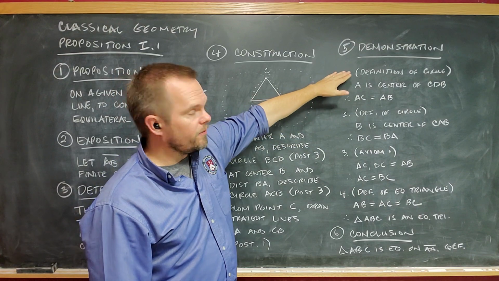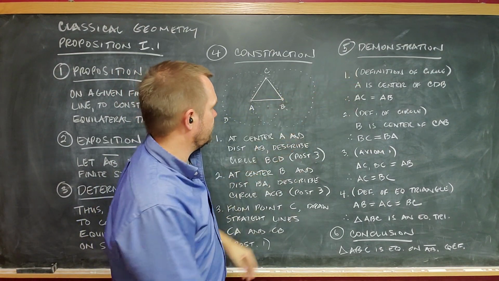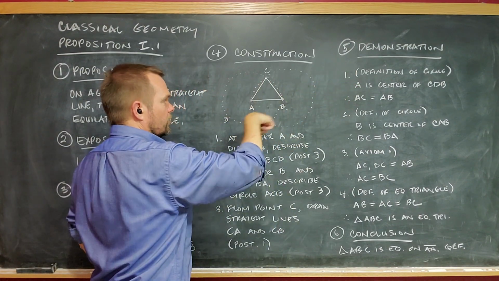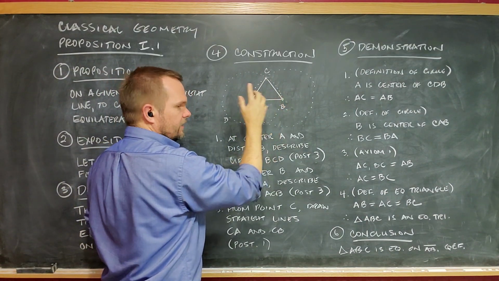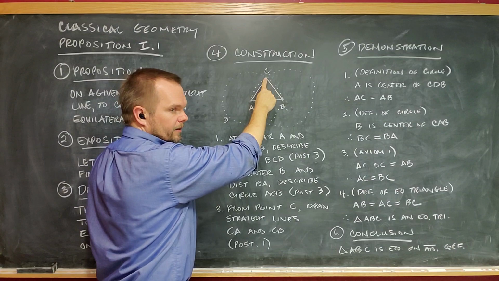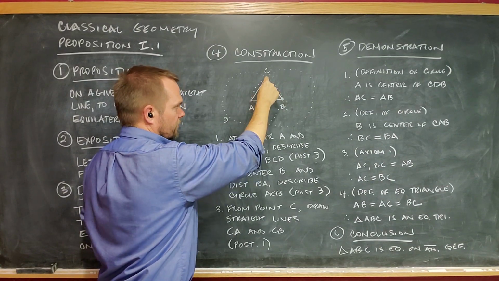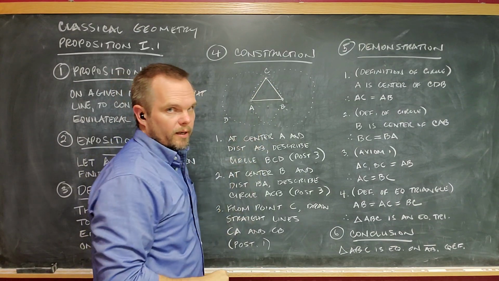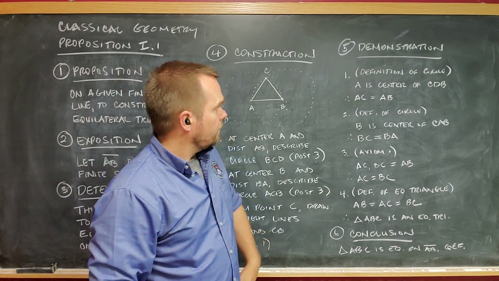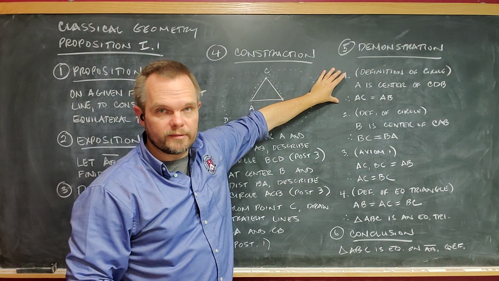So based on the definition of the circle, which tells us that any line drawn within a circle from the center point to the circumference is equal to any other line drawn from the center to the circumference, line AB must be equal to line AC. This is our first point, demonstrated.